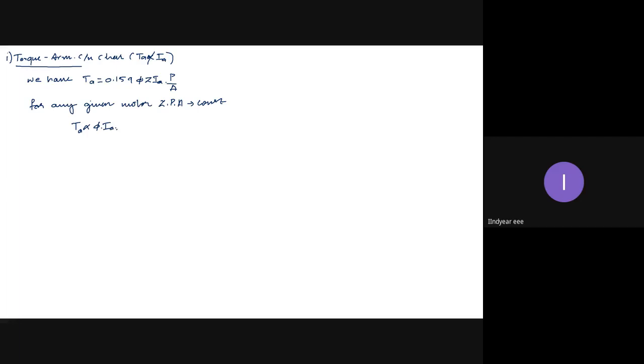But in a series motor, we have seen phi is proportional to Ia. Therefore, Ta is proportional to Ia into Ia, that is, Ta is proportional to Ia square.